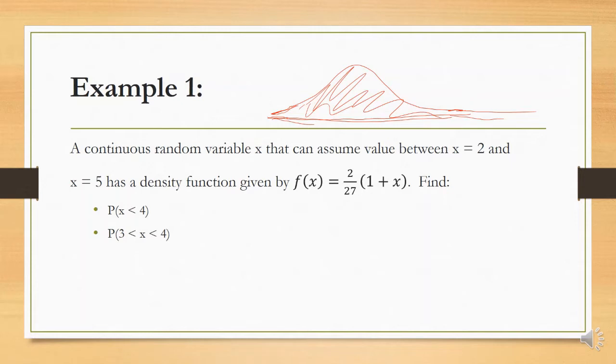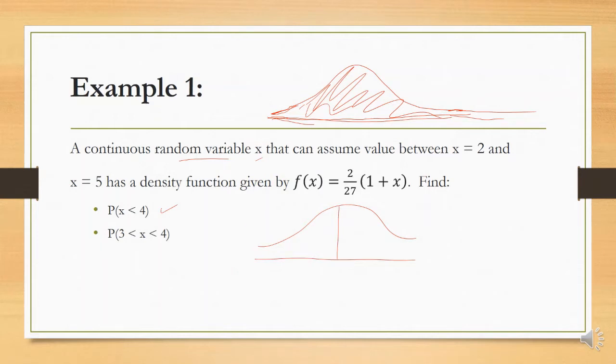Okay? So, let's take for example this example, a continuous random variable x that can assume value between x equal to 2 and 5 has a density function given by f(x) = 2/27 times (1 + x). So, we are asked to find the probability or the area under the curve that tells us yung less than 4.